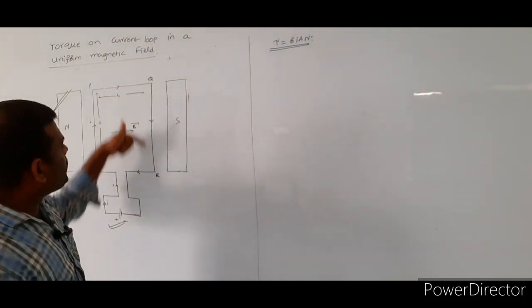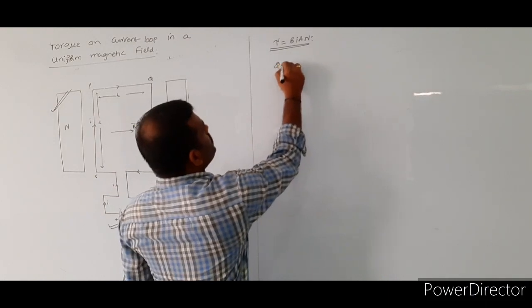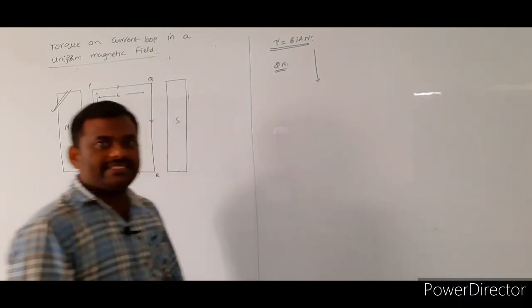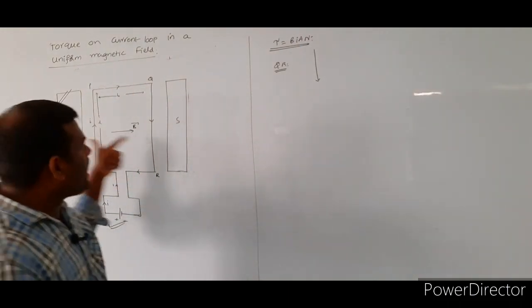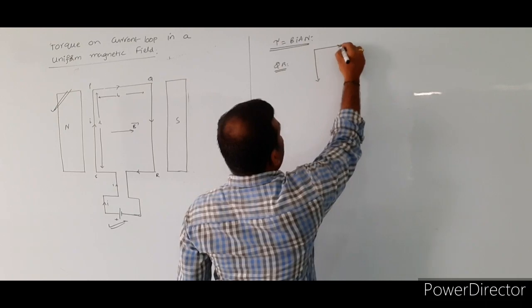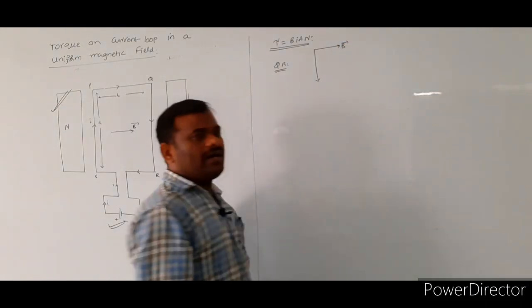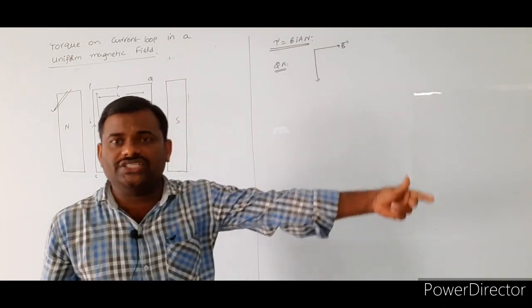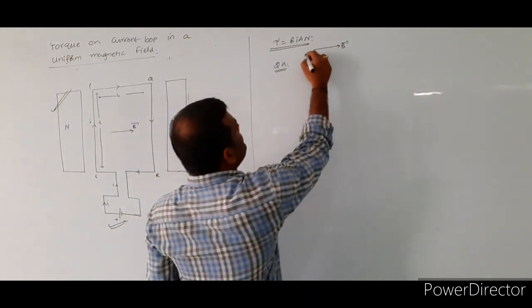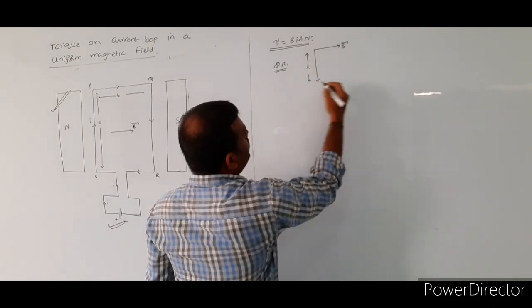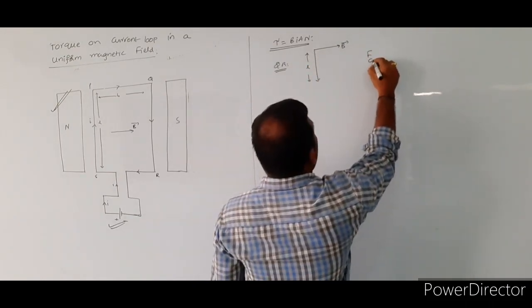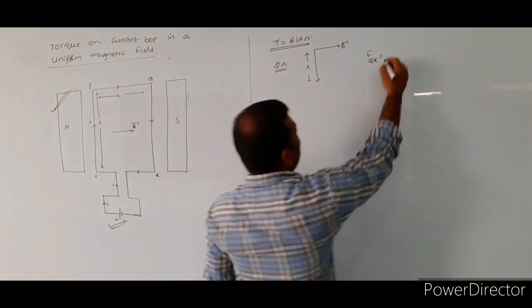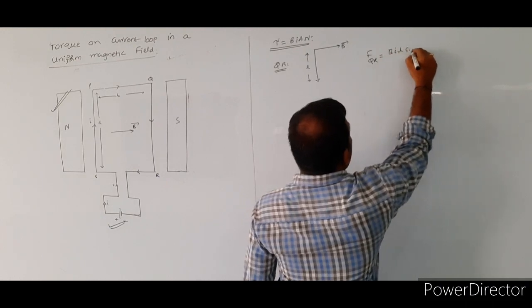Next, coming to the side QR. For the side QR, the length will be in this direction, and the direction of the magnetic field will be like this. So for the side QR, the length and the direction of the magnetic field act at right angles to each other, and its length value is L. So I will directly write the formula: the force acting on the side QR is F is equal to BIL sin theta.